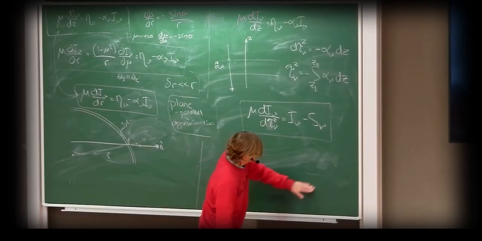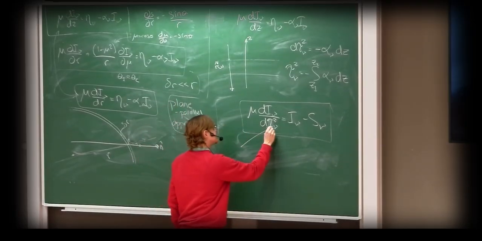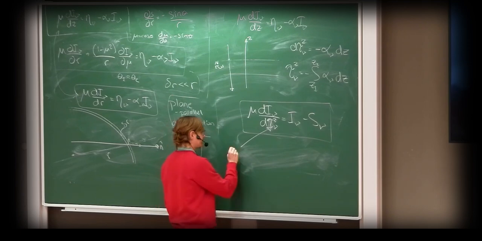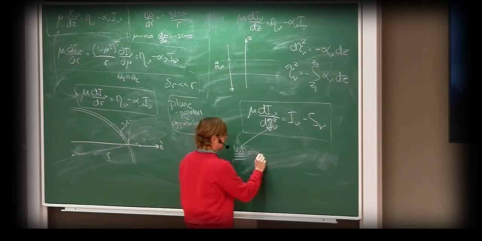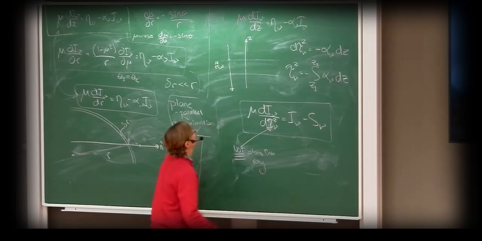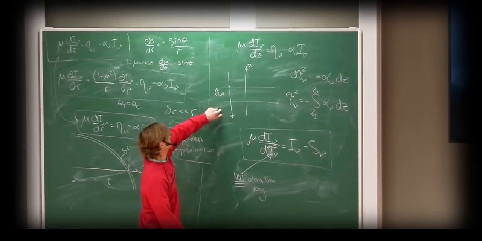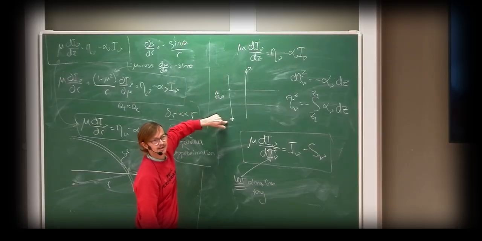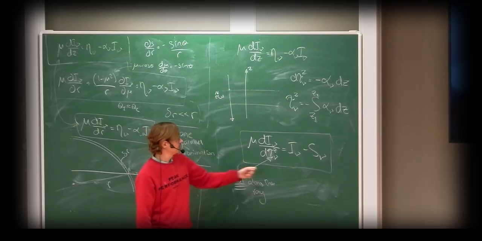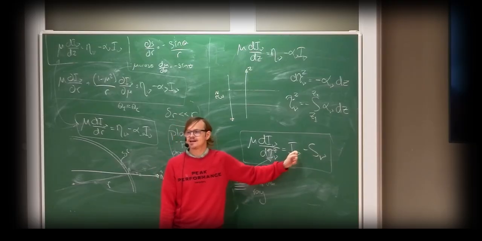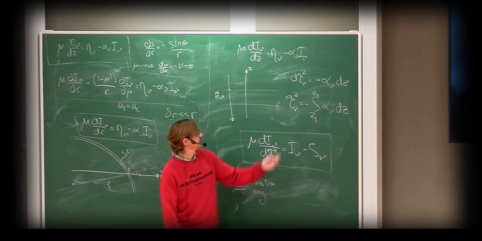Now, again, it is important that this now is the optical depth not along the ray. It is the optical depth along the vertical here and directed in the other way than the z-axis. And of course, we see that the right-hand side has flipped signs because of this.